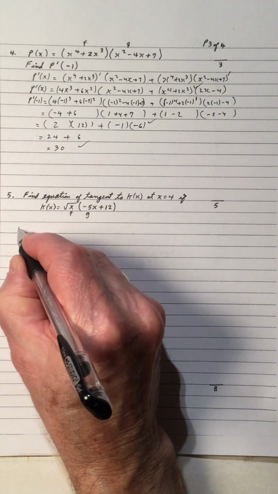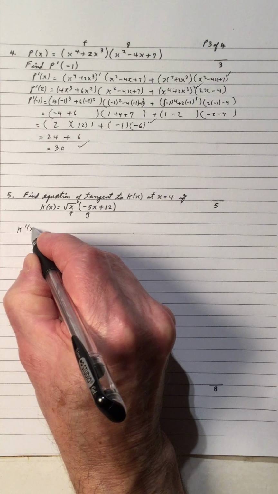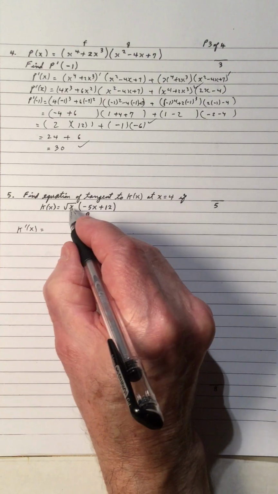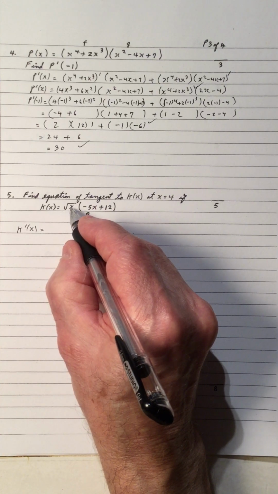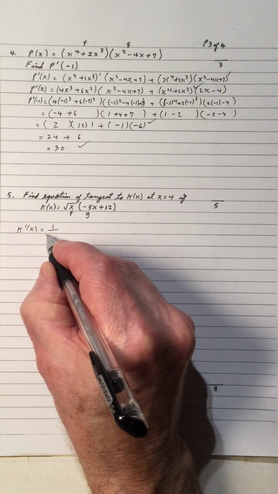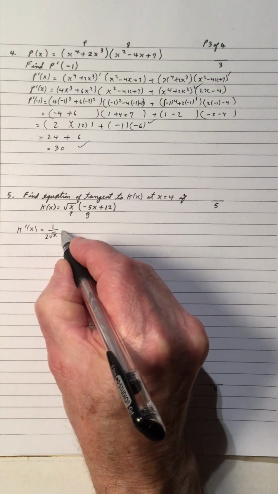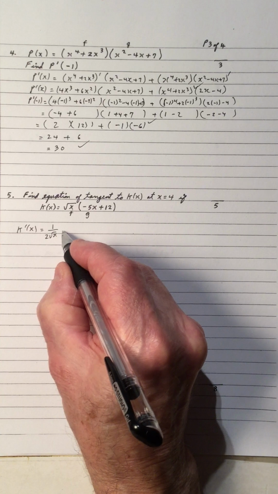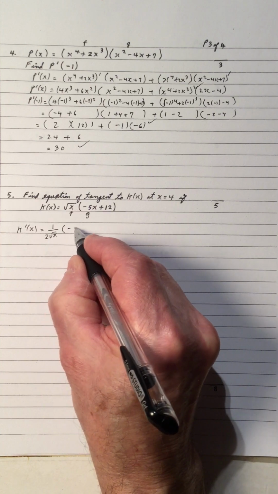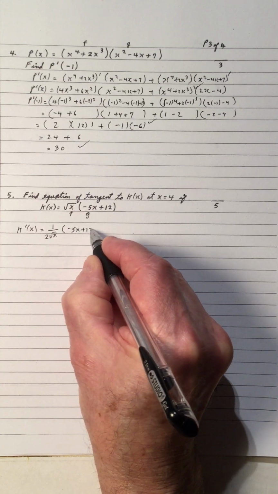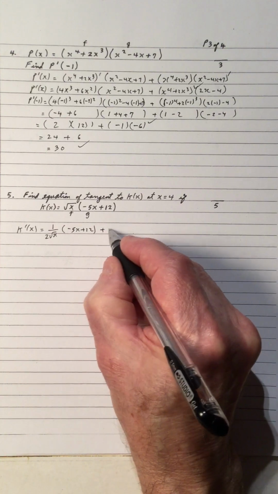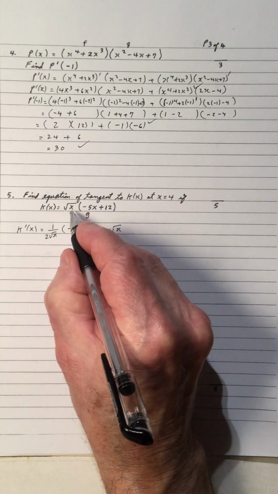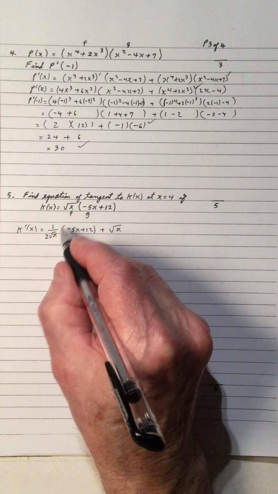So k prime is the derivative. So we got the derivative of root x is 1 over 2 root x that we practiced before, times the g, which is negative 5x plus 12, and it's derivative of f times g.